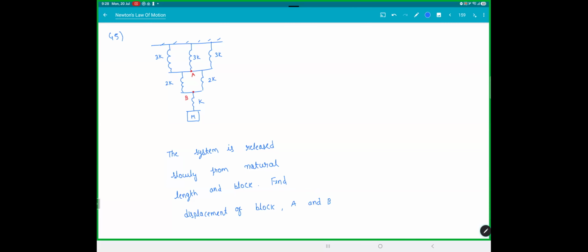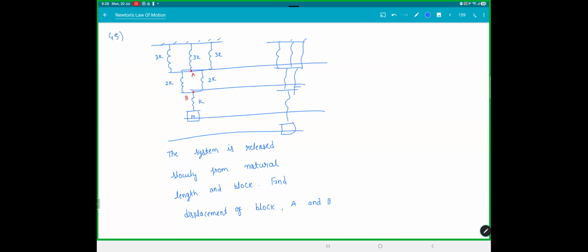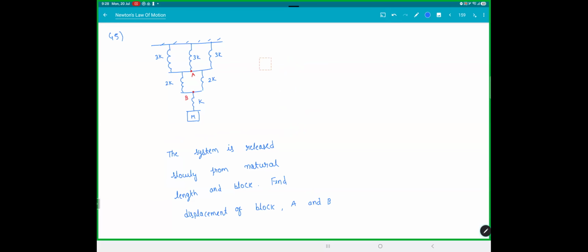You're getting it? Someone is holding the block and they're gently leaving it. So the system will stretch, stretch, stretch, and the block will go down like this. So how much did the block go? How much did B go? How much did A go?